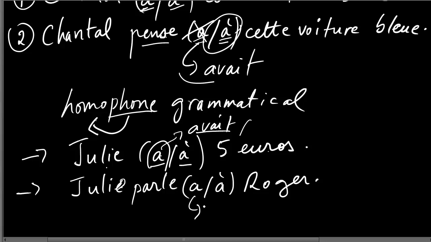Well, let's try and change this one into avait and see if our sentence will still make sense. So Julie speaks, or Julie is speaking, had Roger. Well, it doesn't make any sense. We cross this out. We are left with our only option, which is the preposition, la préposition à avec un accent grave, with an accent grave.